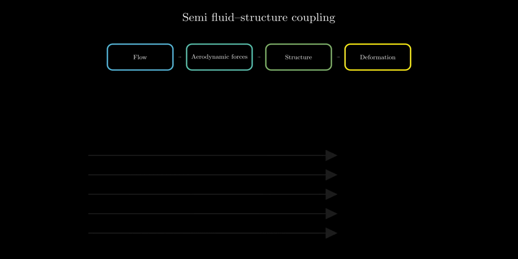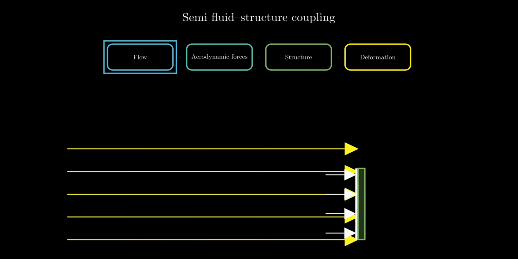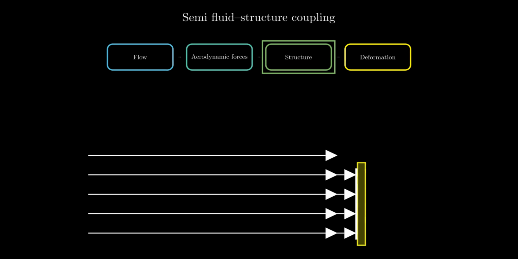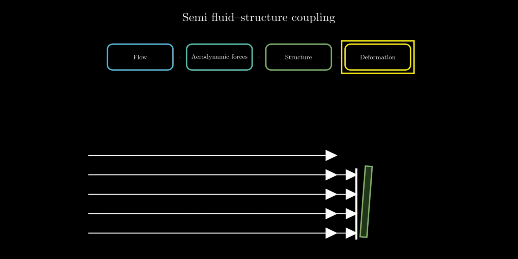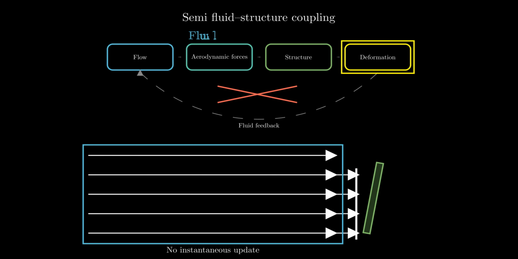I have not conducted detailed studies on every part of the aircraft, so I plan to start with semi-fluid structure interaction, focusing on the wing. Semi-FSI means that aerodynamic forces cause structural deformation, but the deformation does not instantly feed back to update the airflow characteristics.